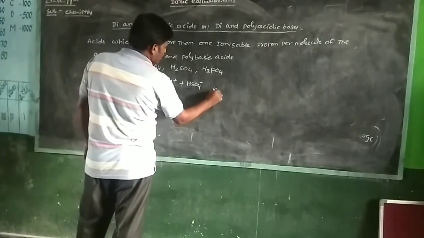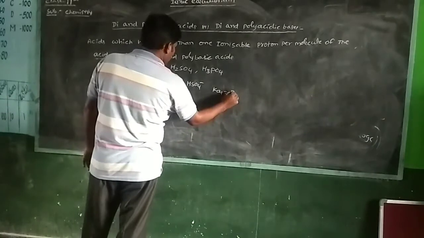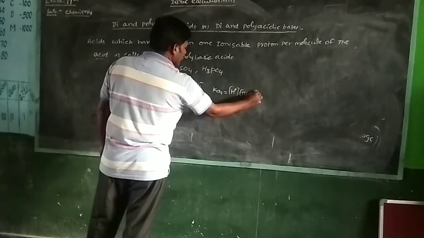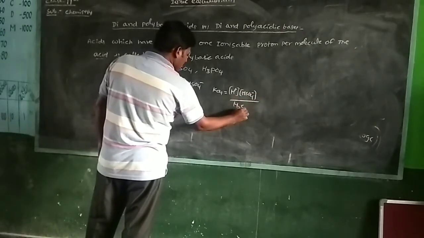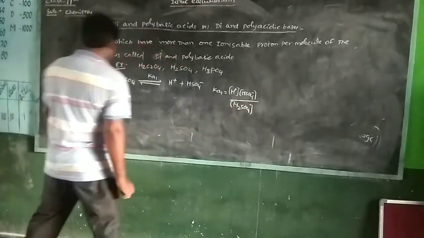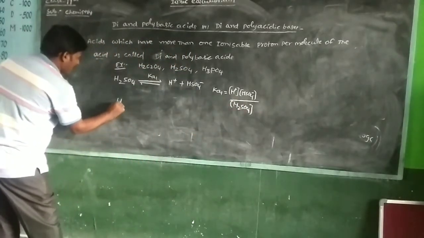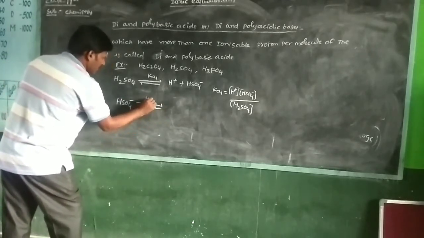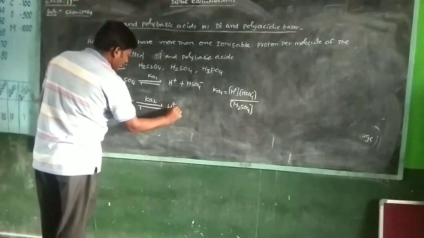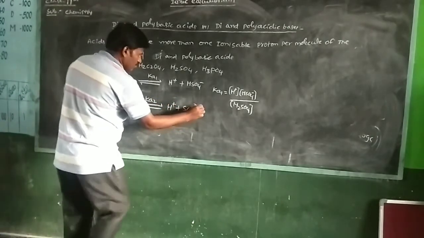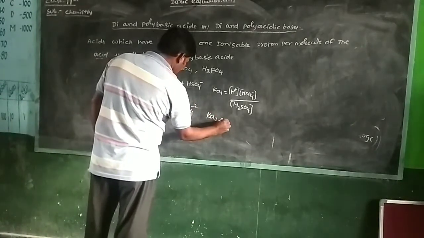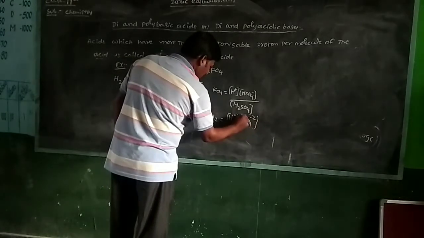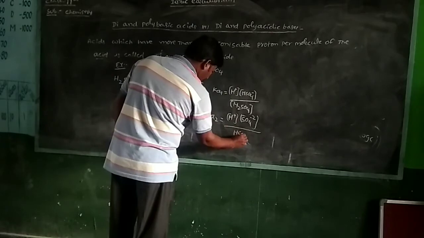According to the law of mass action, Ka1 is equal to H plus concentration times HSO4 minus concentration upon H2SO4 concentration. Next, HSO4 minus in a reversible reaction gives H plus and SO4 minus 2. This is Ka2, equal to H plus concentration times SO4 minus 2 concentration upon HSO4 minus.